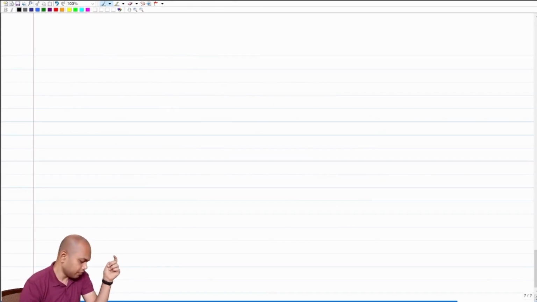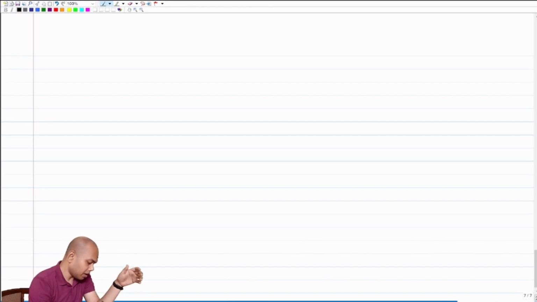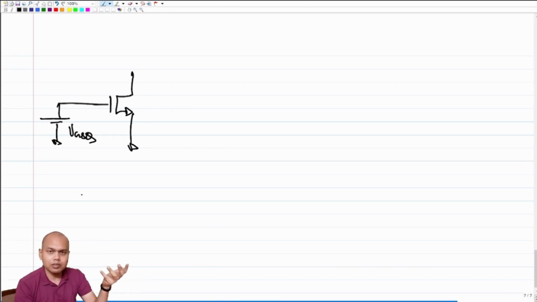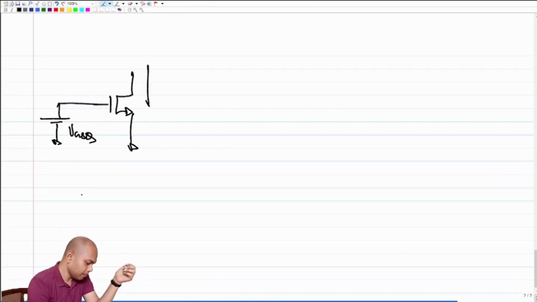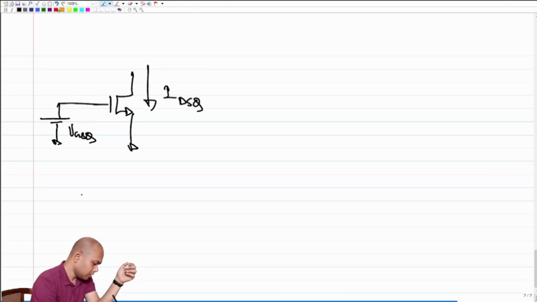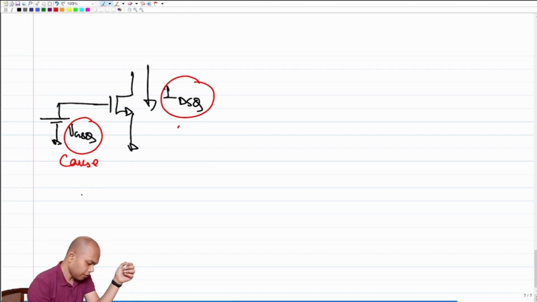But let's look at it from another perspective. Why are we trying to fix the overdrive? If I fix this overdrive using some VGSQ, what is the purpose? The purpose is that I am trying to get some IDSQ. So this is the cause and this is the effect.